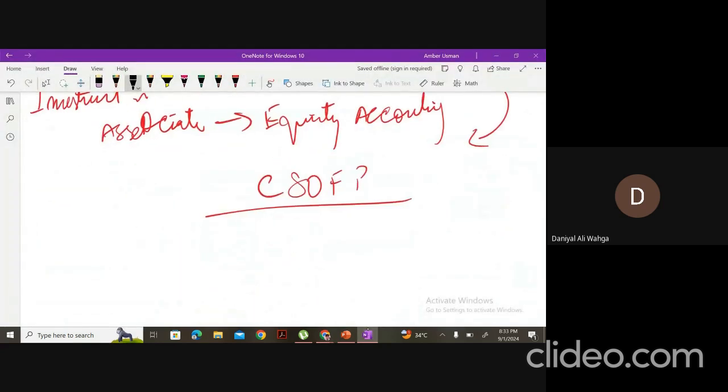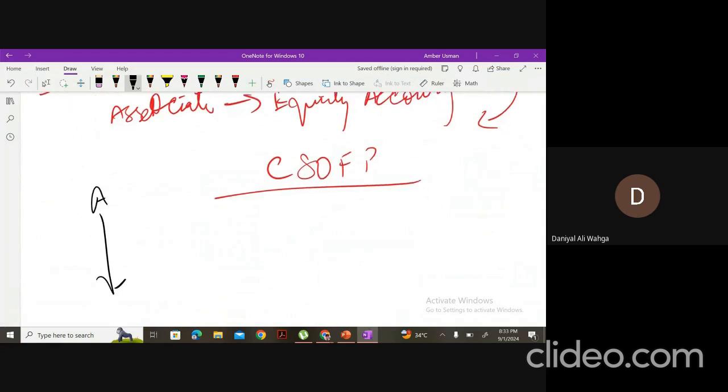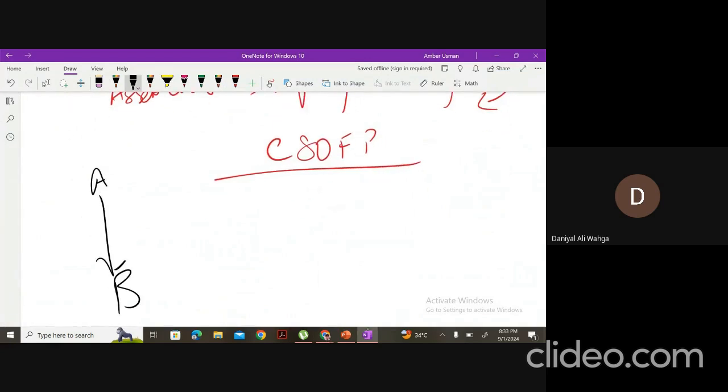For example, company A has acquired company B, around 70%. So company A is the parent company and B is the subsidiary. Company A has also made another investment in company C, and has acquired only 35% of the shares of company C.